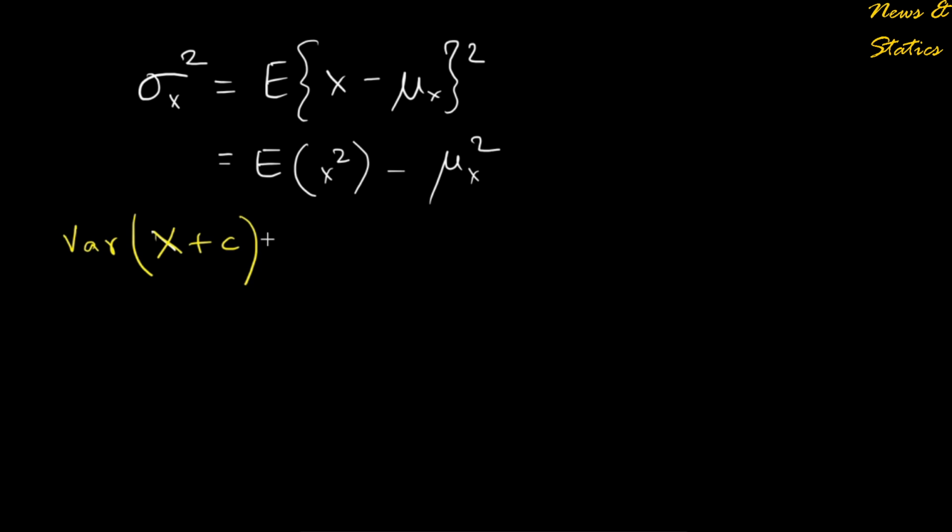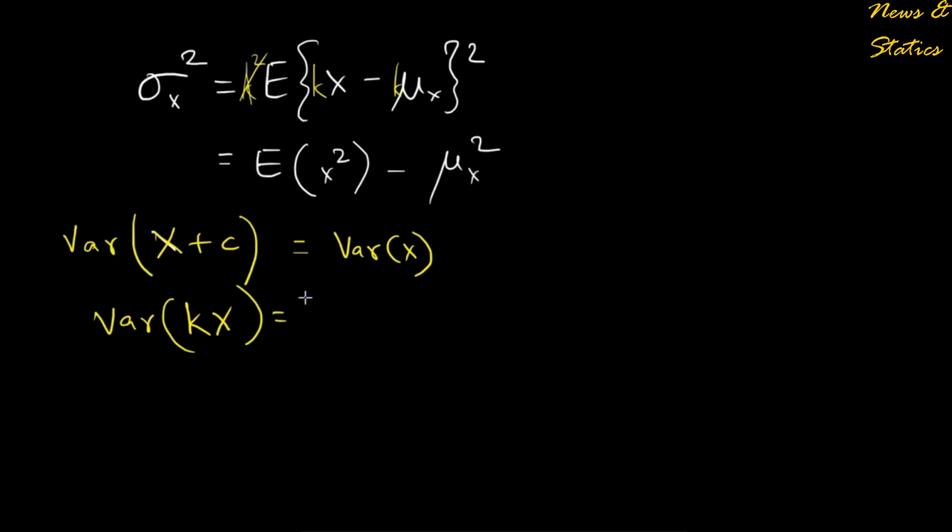So the variance of x plus c is equal to the variance of x. And if I replace x with kx, then both x and mu x are scaled by a factor of k, and when it comes out, it becomes k squared. So the variance of kx is k squared times the variance of x.